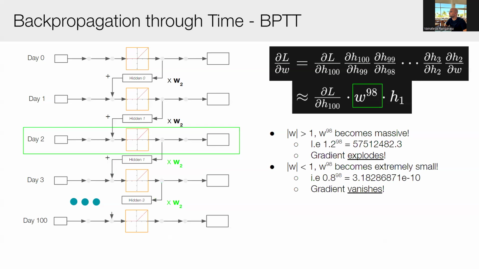So the claim I'm making is that as our sequence length increases, at some point it becomes so big that no matter what, our gradient will either always explode or always vanish, because our chain rule expansion is so long.